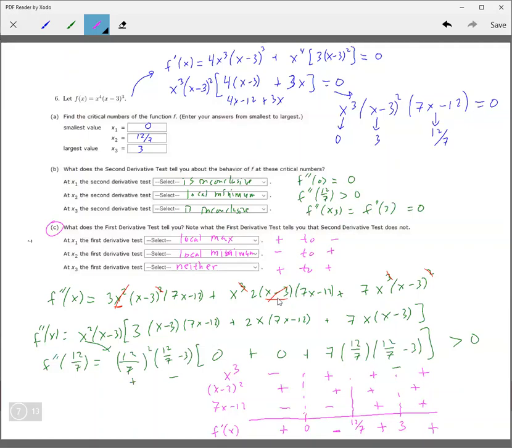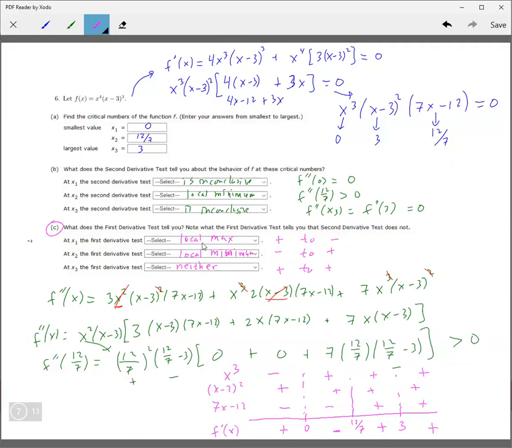So what happened here? The first derivative test could give you information that the second derivative test doesn't give you. Like this first one, the second derivative test was inconclusive, meaning it could go either way.